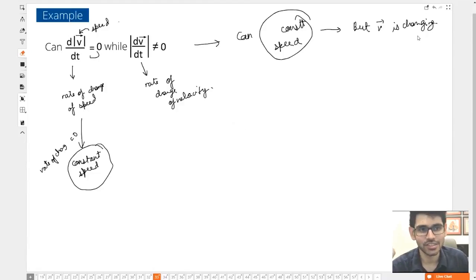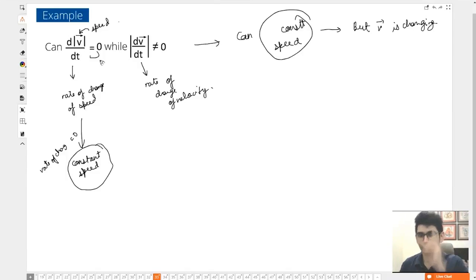If something is at rest, then the rate of change of velocity will also be 0, so that doesn't make sense. So that means velocity is changing but speed is not changing. Think about it. Let me give you an example.